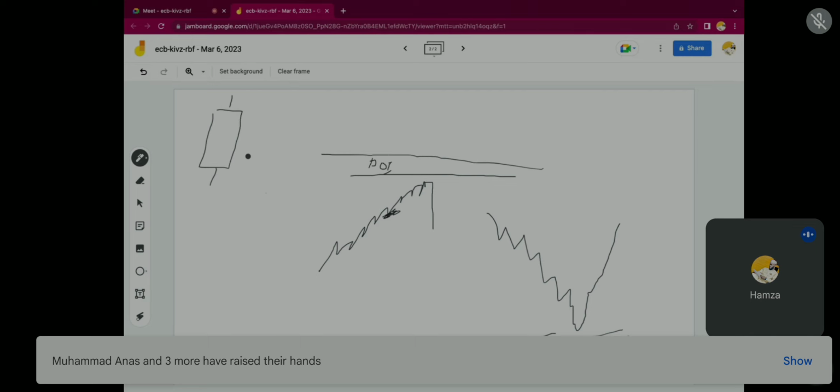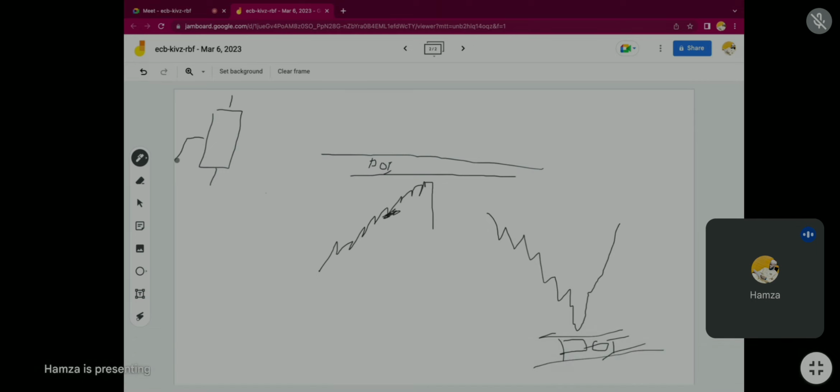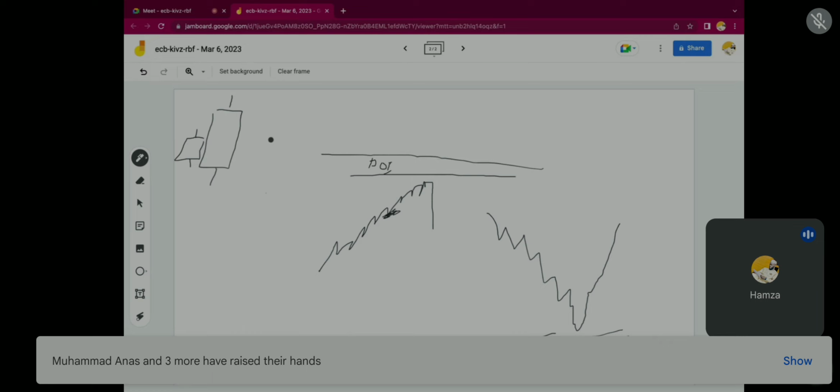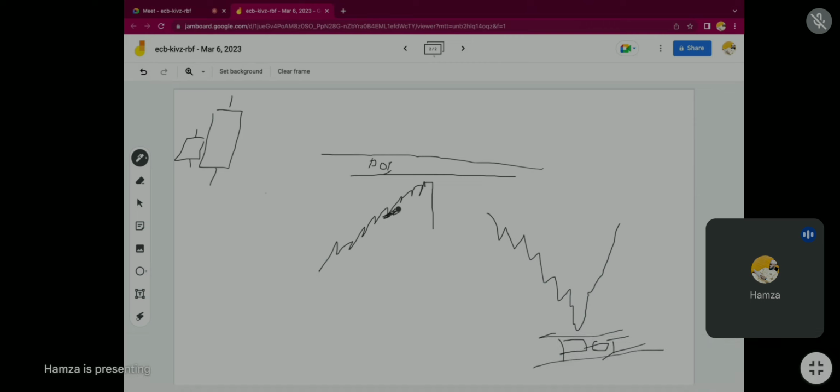What an engulfing is, let's see. We have a candle here. This has engulfed this. If the market is going up and it comes to your POI and you see a reversal candle, meaning a bearish candle, since if the market is going upwards you would see bullish candles predominantly, you would want to see a bearish engulfing candle form at your valid POI.